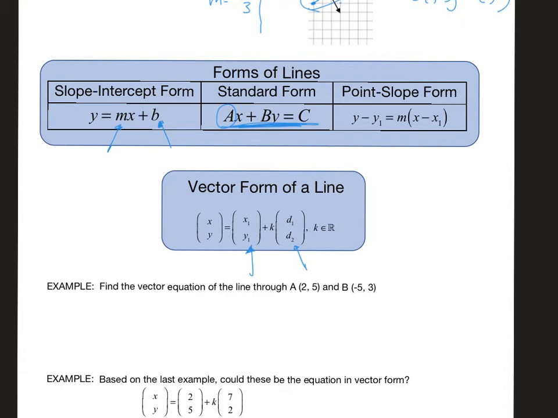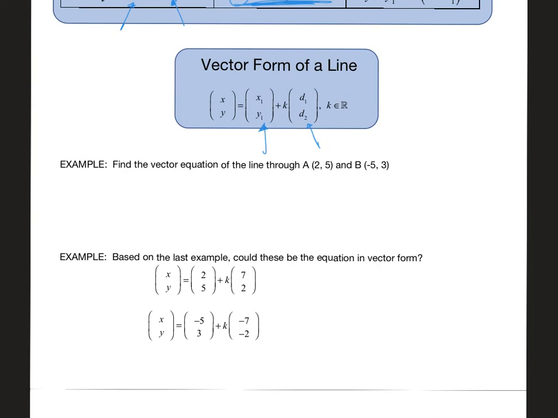Let's take a look at this first example. It says to write a vector equation, which means you need two things: a starting point and a direction. I've got two points, and it doesn't matter which one I pick. I'm going to pick this one. So let me start my vector equation: x, y equals. My starting point is negative 5, 3. That is an x and a y, an actual spot where I'm starting from.